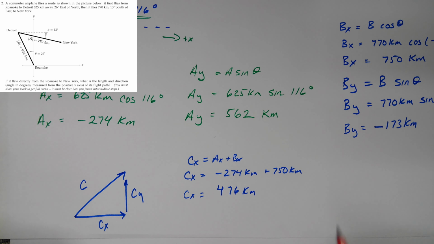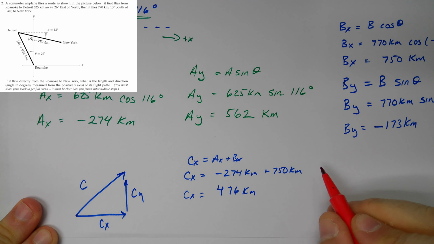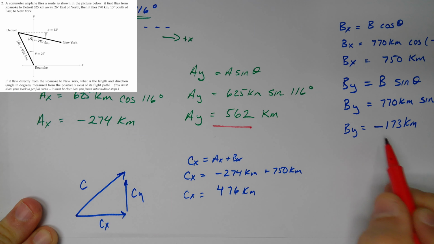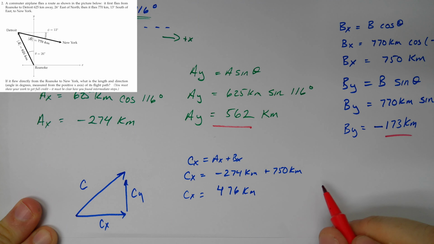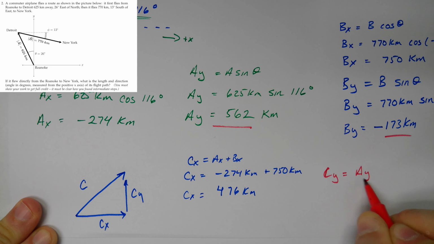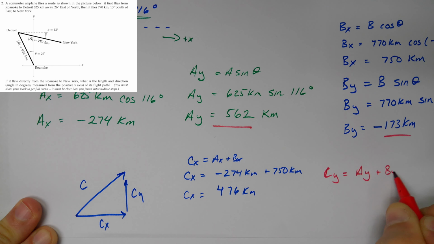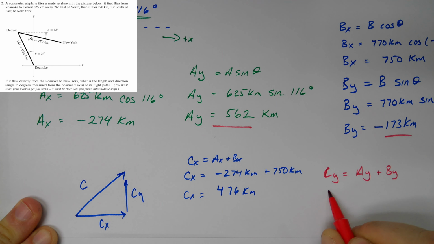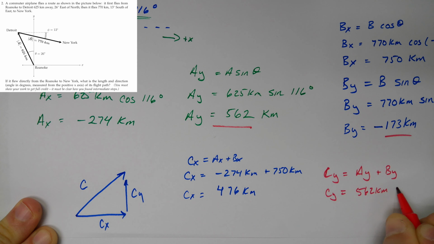So we now go and add the y components. We have a y thing here and we have a y thing here. So CY is going to be AY plus BY. And so CY will be 562 kilometers minus 173 kilometers.